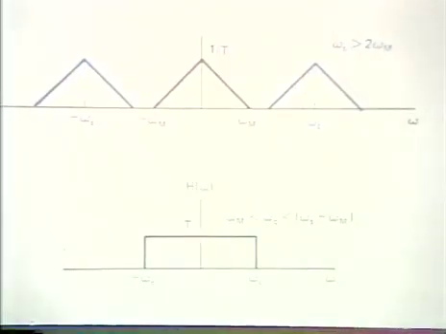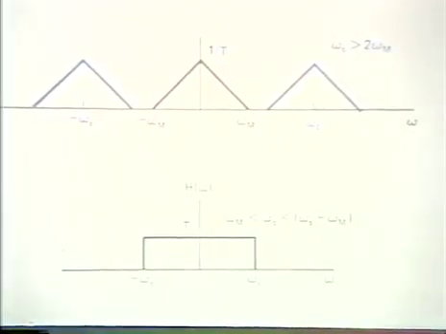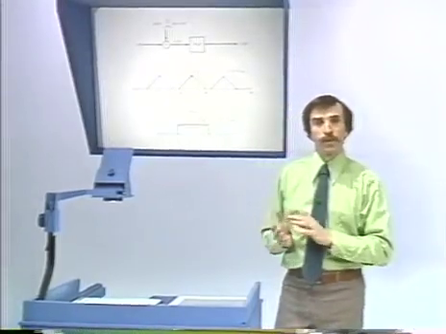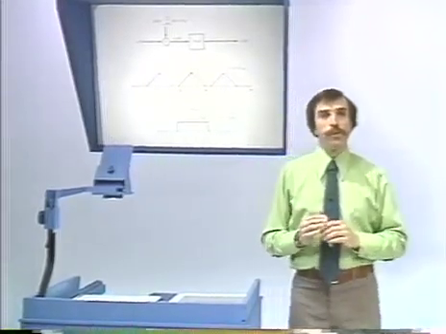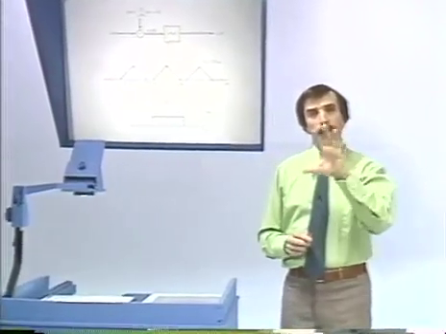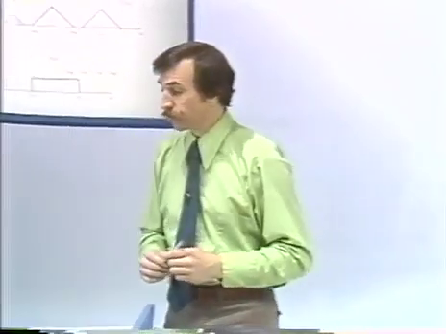Now, in this picture, an important point that I raised last time relates to the fact that in doing the reconstruction, what we've assumed is that in replicating these individual versions of the original signal, those replications don't overlap, and so by passing this through a low-pass filter, in fact, we can recover the original signal.